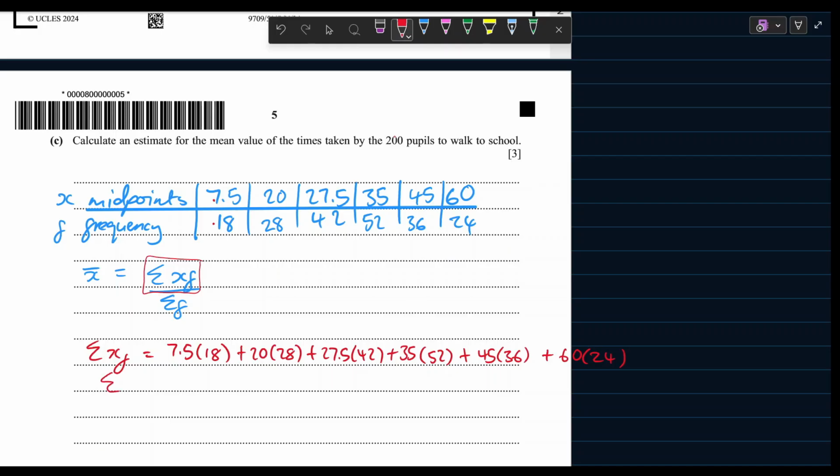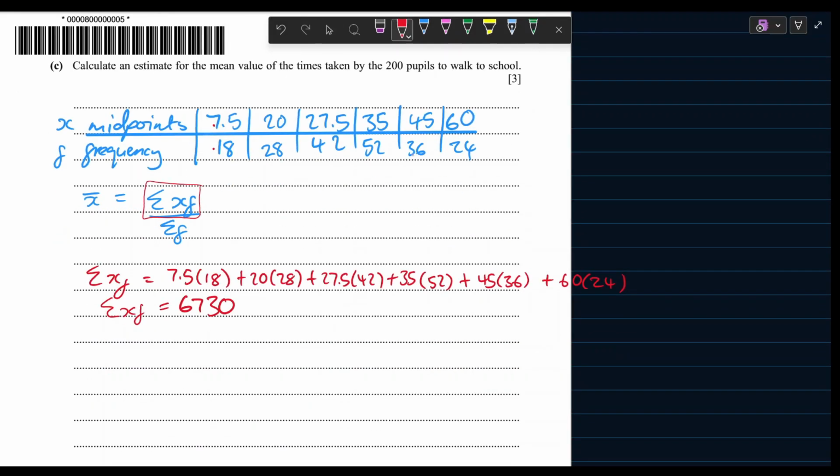All right, so the summation of xf should be equal to, let's punch this into the calculator, that's 7.5 times 18 plus 20 times 28 plus 27.5 times 42 plus 35 times 52 plus 45 times 36 plus 60 times 24, and this gives us 6,730.